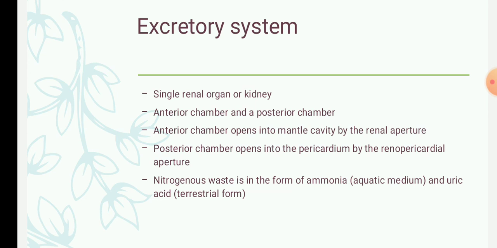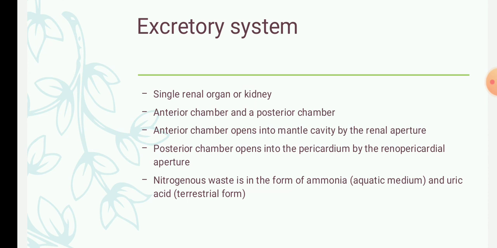The two renal chambers are then supplied with blood from which the nitrogenous waste materials are separated, and the waste material from the posterior chamber is first passed into the anterior chamber, and from there it is liberated through the renal aperture into the mantle cavity.